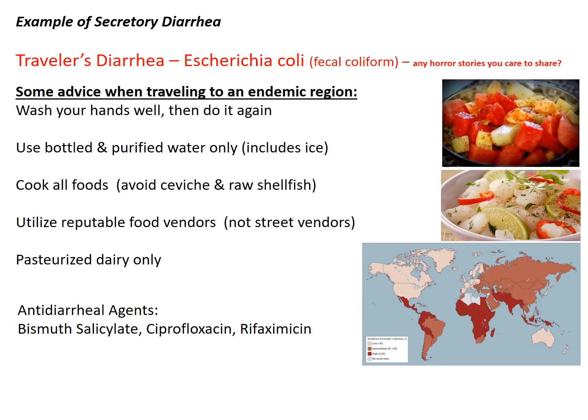Now, I'm knocking on wood here because I have a gut that tolerates this pretty easily. I've been to Mexico and a number of different regions in Central America numerous times, and I've really never gotten sick with traveler's diarrhea, and I love to eat ceviche.